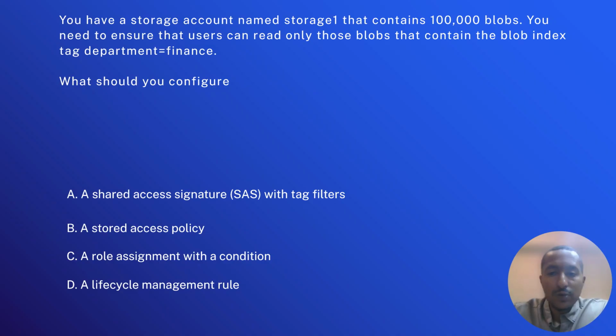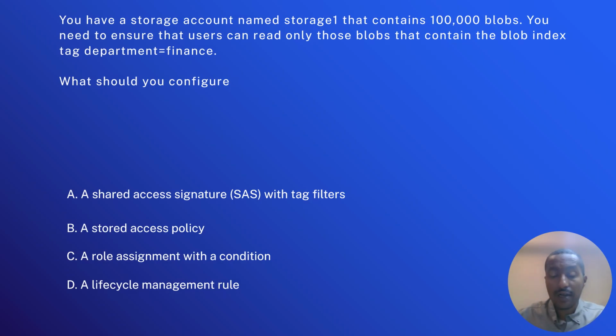Looking into option A, shared access signature with tag filter. SAS controls permissions like read or write and the time window. SAS cannot enforce read access based on blob index tags, however. So this is not a parameter we can configure. There is no SAS parameter that says allow only if tag equals department finance.